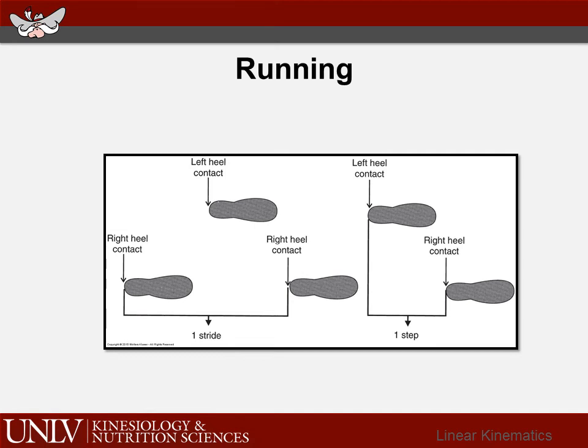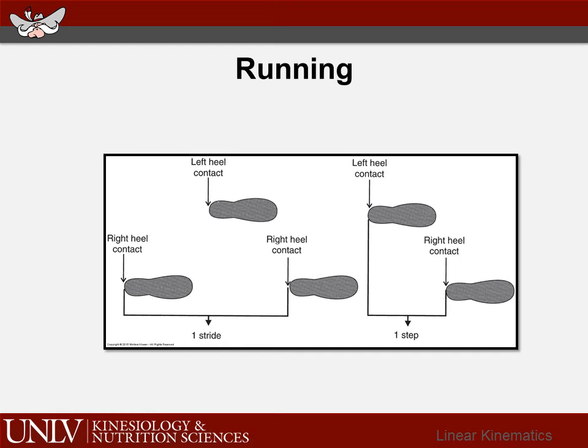One step is from left heel to right heel, or left toe to right toe, the same point on the left as on the right, and vice versa, right heel to left heel. So it's the contralateral heel from one foot to the next.